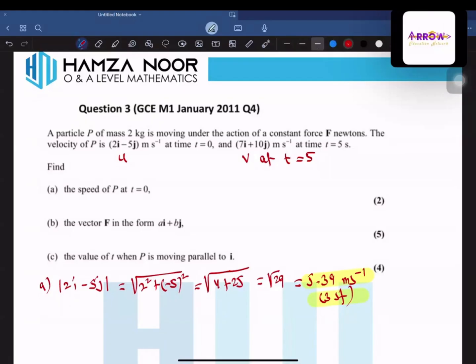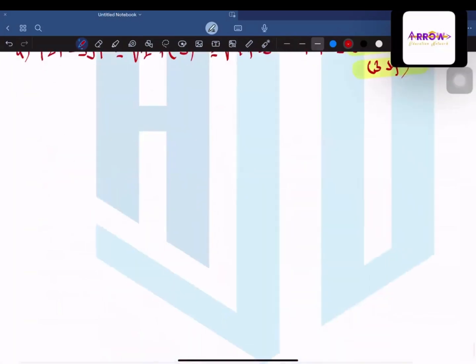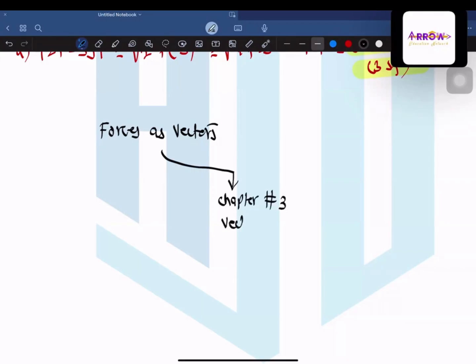Now in part B, we need to find the vector F in the form ai plus bj. One thing I would like to mention here is that as far as questions based on forces as vectors are concerned, one part of this concept is covered in chapter number 3 of the textbook, vectors in mechanics.